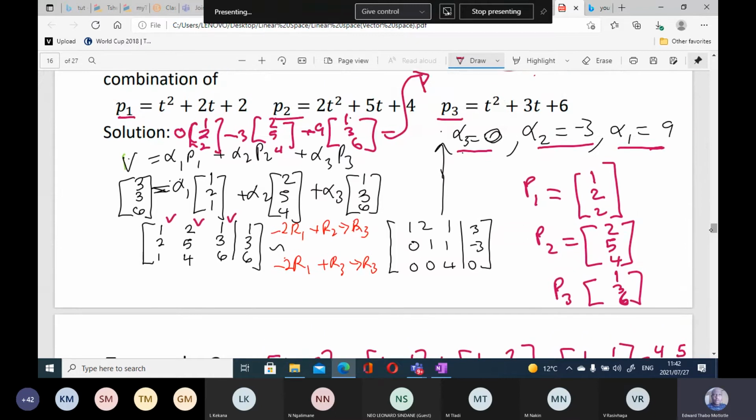Once we've written like that, you write it as an augmented matrix, and then from there you use Gaussian elimination to determine those values of X, Y, Z, or alpha 1, alpha 2, alpha 3, and you substitute back. Here are the operations that I used. I end up with alpha 3 equals 0, alpha 2 equals minus 3, and alpha 1 equals 9.